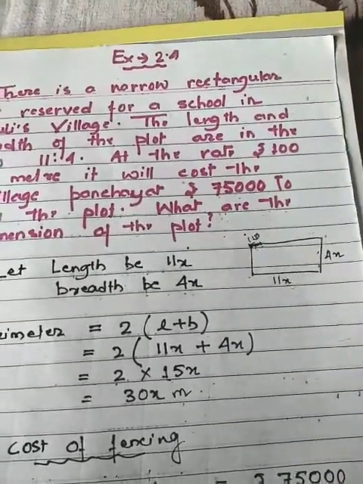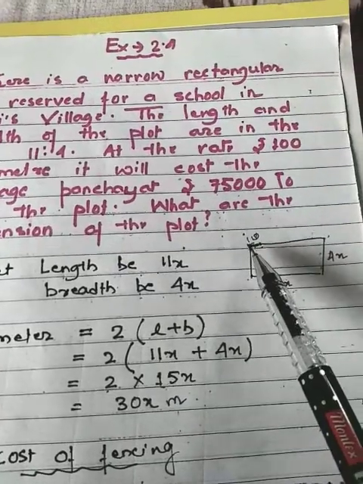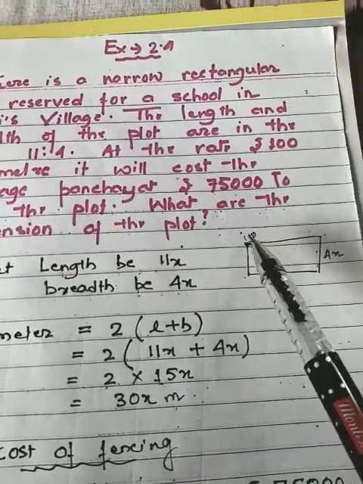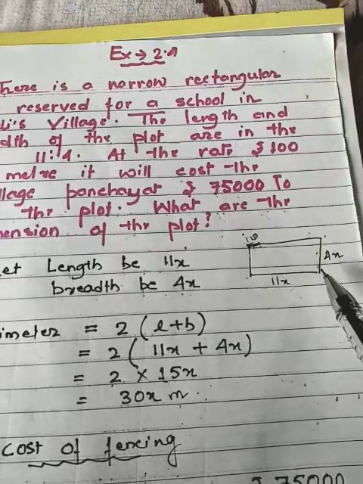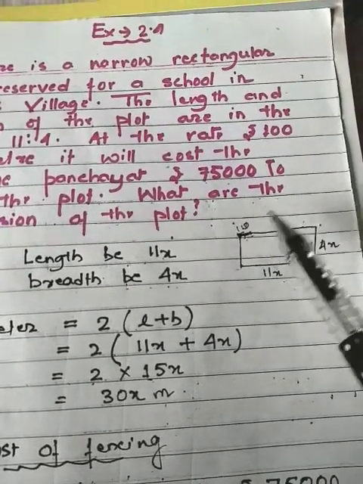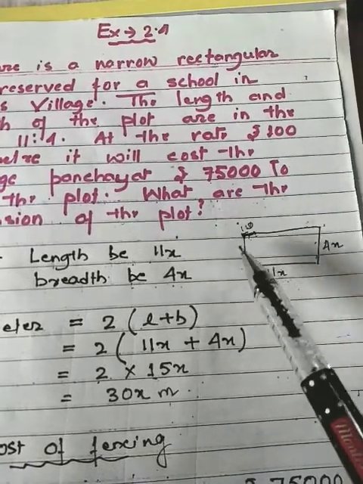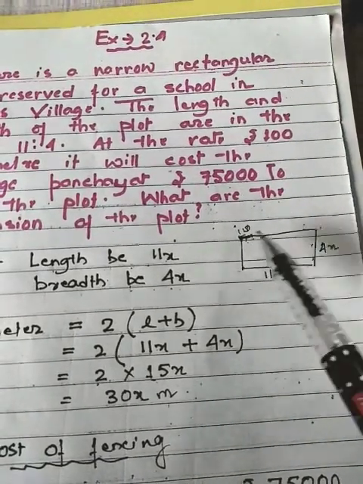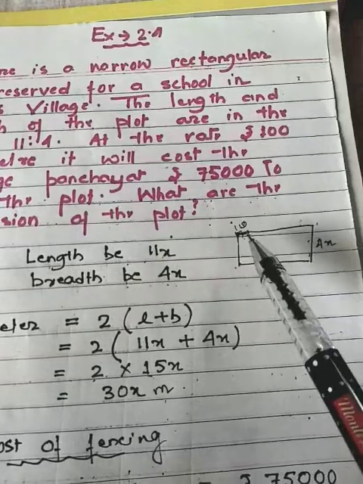Now we have to understand, if the cost per meter is 100 rupees, then what is the cost of the entire length of the rectangular plot? What is the other name for the entire length of the rectangular plot? The sum of all sides is equal to the perimeter.